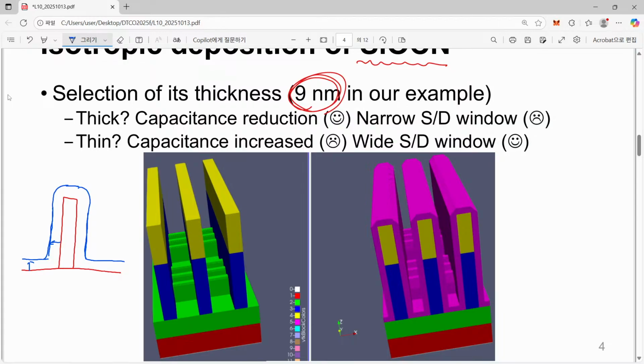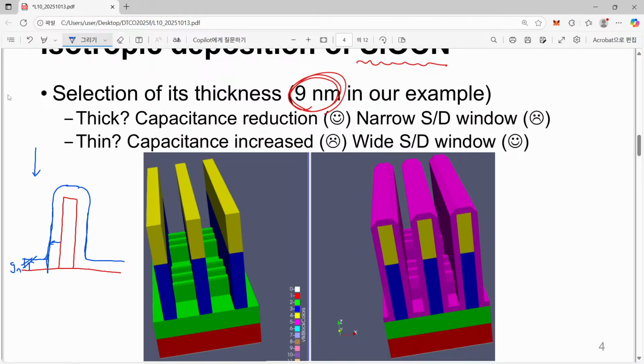And you know that the next procedure is just to etch this oxynitride with an anisotropic etching process. So just to etch from the directional concentration. So if we just eliminate 9 nanometer, then this part will be completely gone.